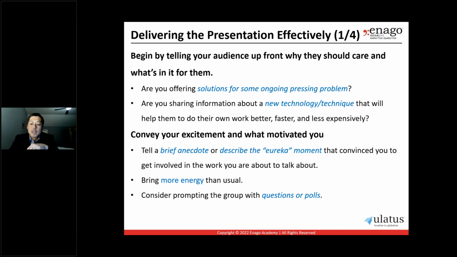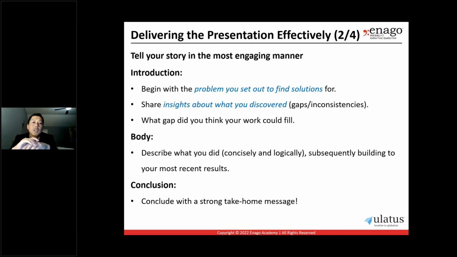And then if you have time or if you have the technology, you can prompt the group with questions and polls. Then start telling your story in an engaging manner.